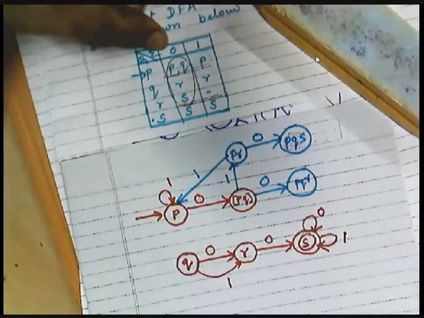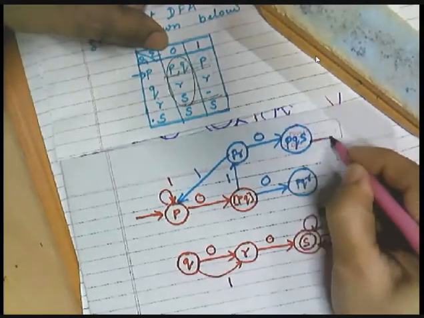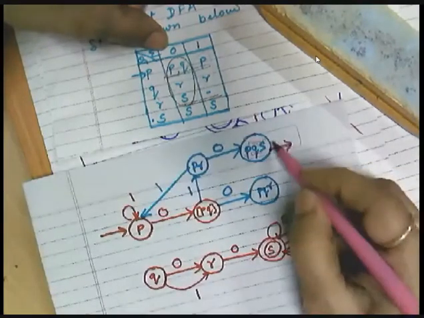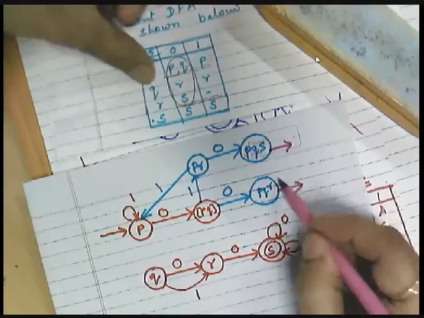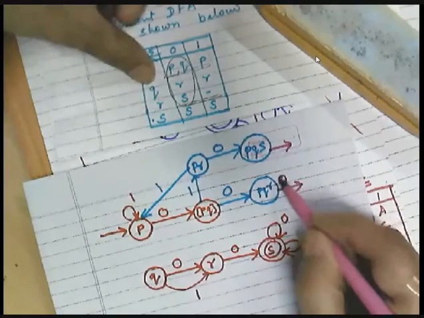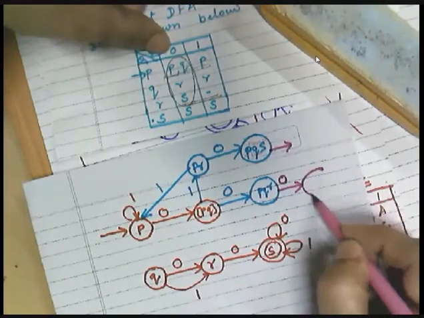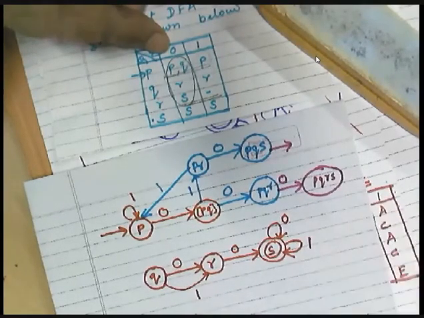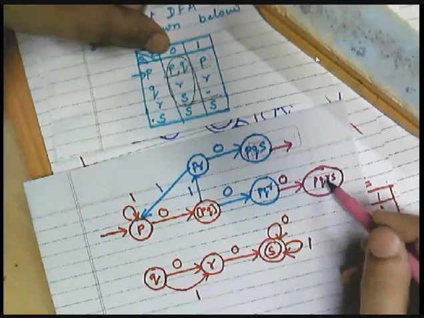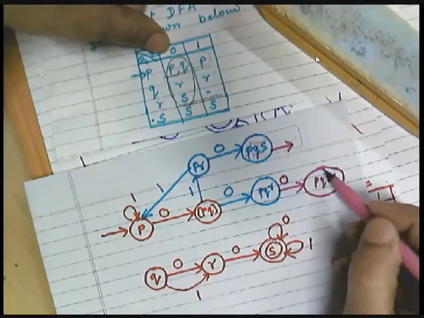Sorry, we are talking about PQR. PQR on 0 moves to PQRS, right? Now, should I make all these states a final state?